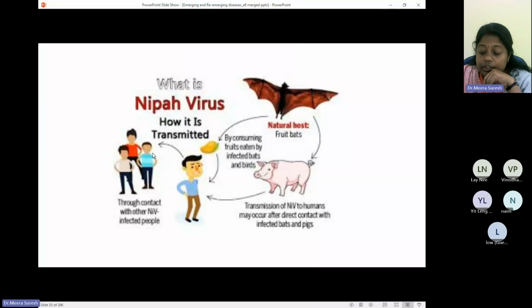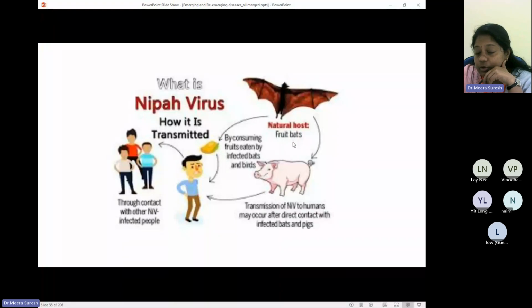But because there were Bangladeshis who were working in this area, they were traveling back to their country. And now in Bangladesh, it is a every year or every couple of years story that Nipah cases appear. But what happened in Kerala was the first situation in the whole of South India. So this is the story of Nipah virus.